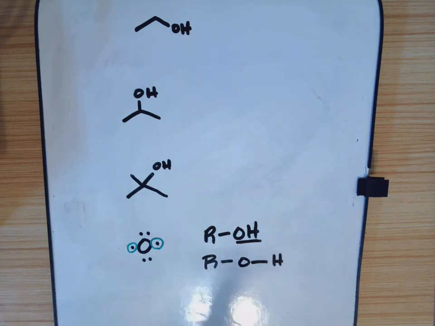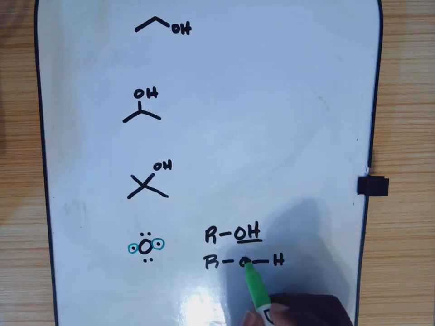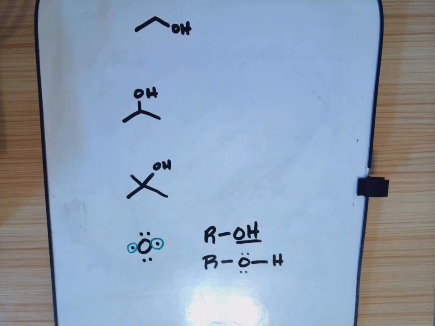So it has 4 electrons that are in bonds, and then it has a total of 4 electrons that are non-bonding. And so keeping this in mind, when we look at an alcohol, that oxygen has to be bonded to that hydrogen in order to represent an alcohol. So therefore, it can only form 1 bond to a carbon.